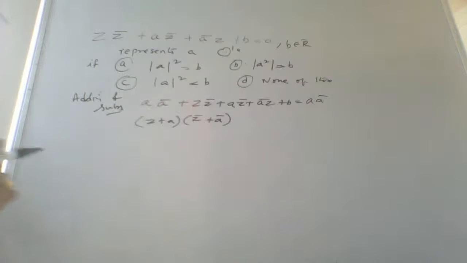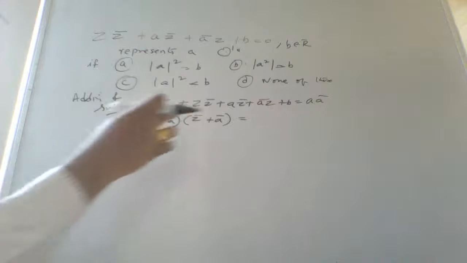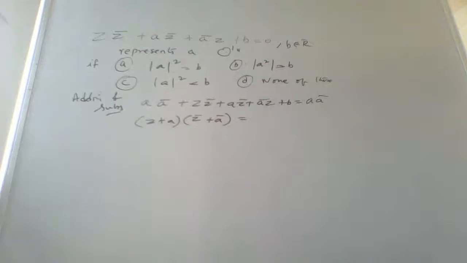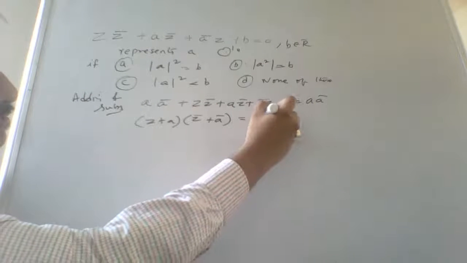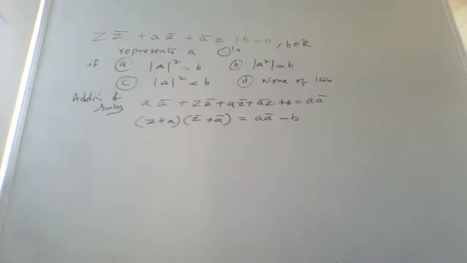If I try to simplify this, which is equal to, you have the plus b term. If I take it to the right hand side, I get a a bar minus b.